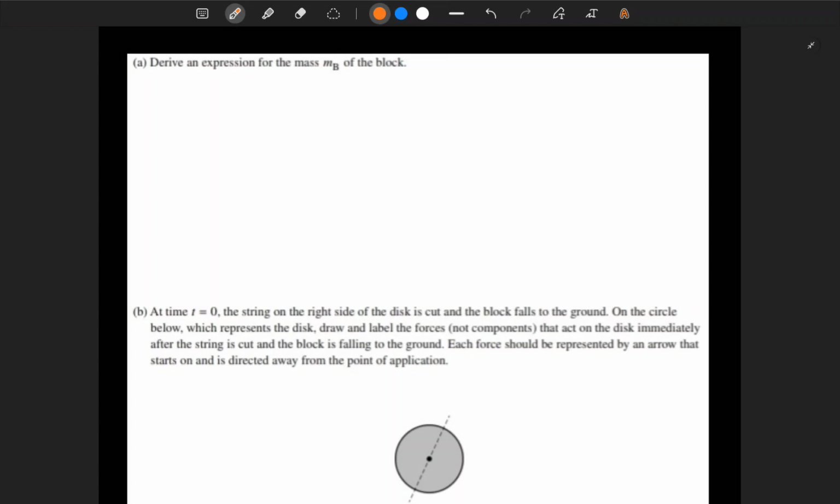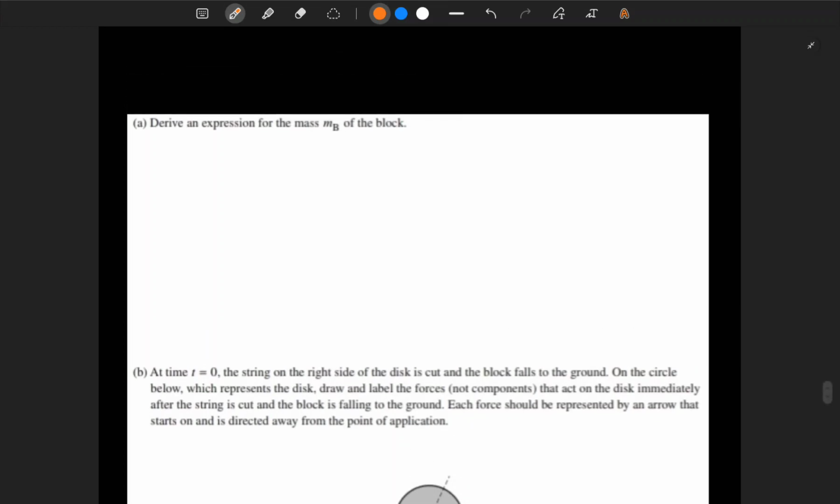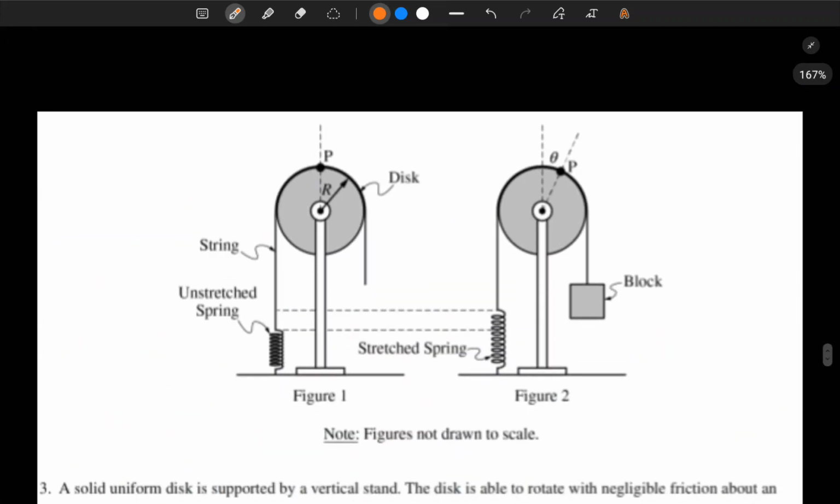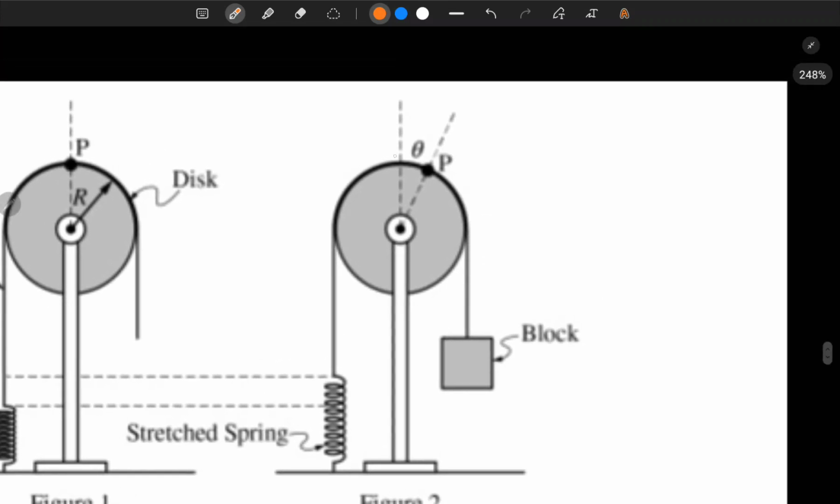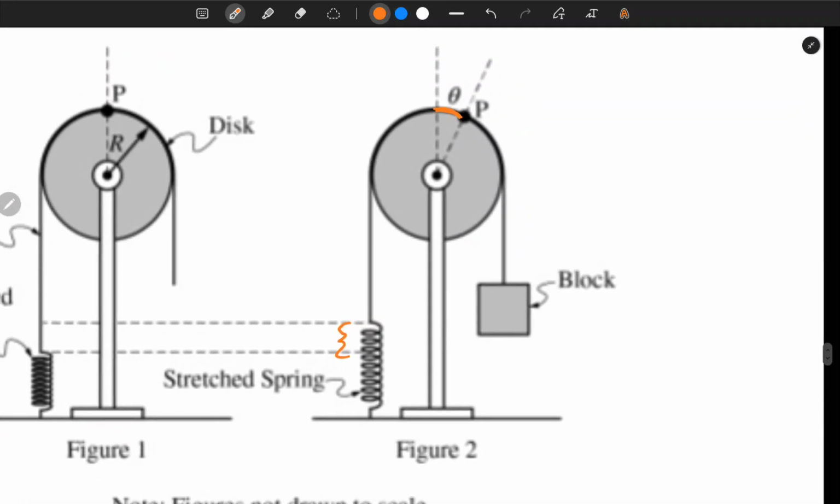Well, to find this, we know that the displacement of the string is the arc length of the displaced wheel. That is, if we look here, we wish to find this length here, because that's the displacement length, and that will give us the amount that the spring has stretched. So these two orange lengths, the stretch of the spring and the displacement of the wheel, are the same.